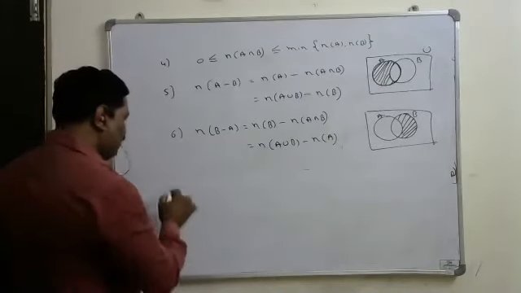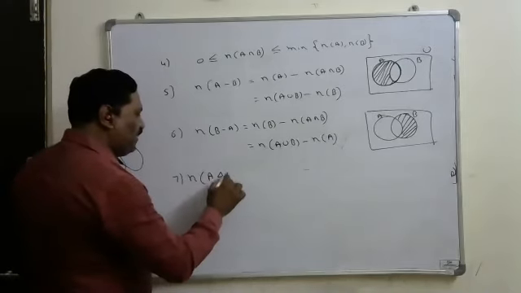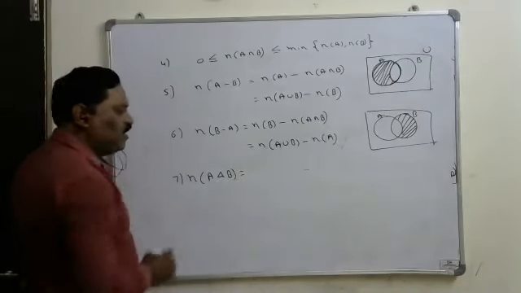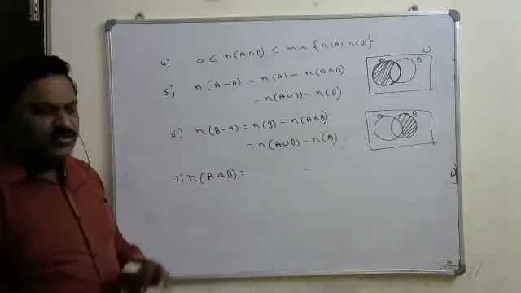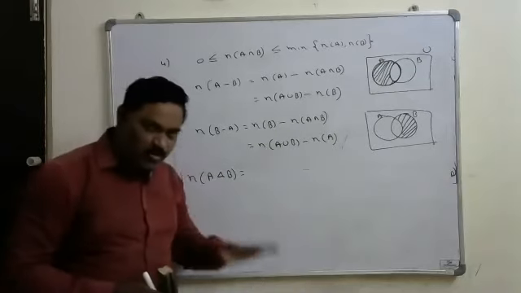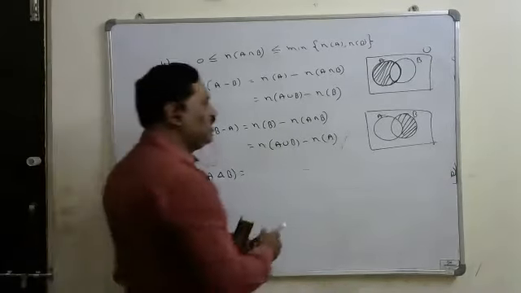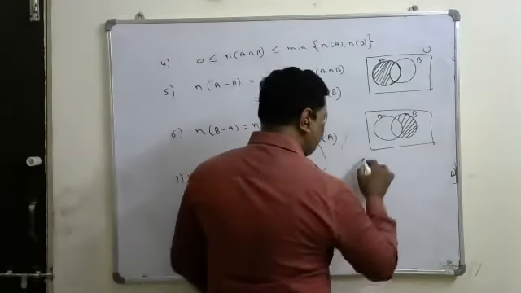Similarly, I want to find n of A delta B. n of A delta B means the number of elements available in either A only or B only, the combination of these two.